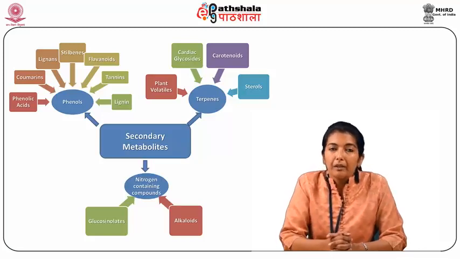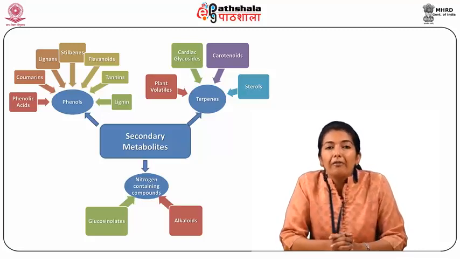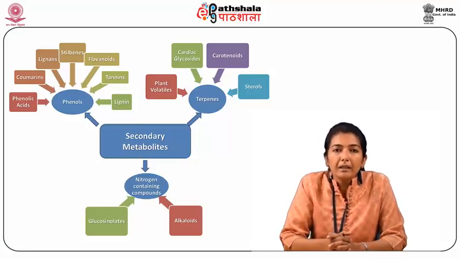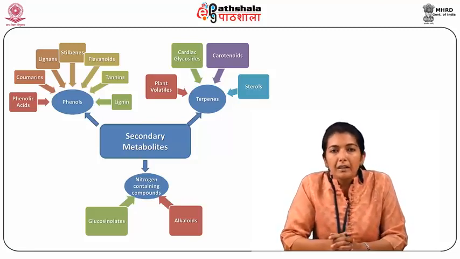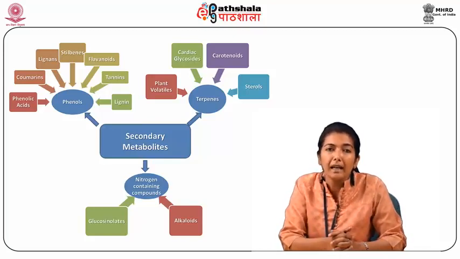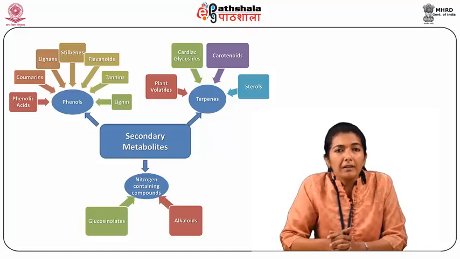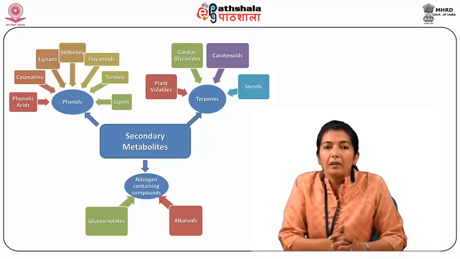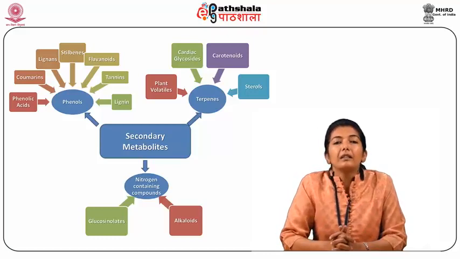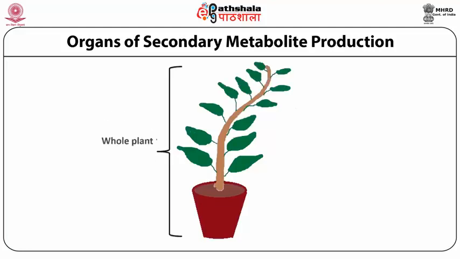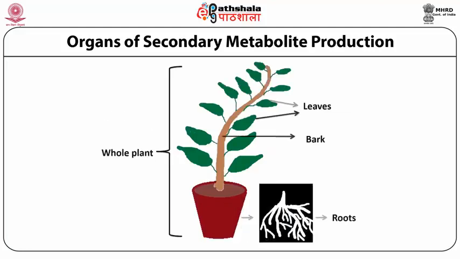For instance, in phenols, we have phenolic acids, coumarins, lignans, stilbenes, and tannins. Under terpenes, we have plant volatiles, cardiac glycosides, carotenoids and sterols. Then there are the nitrogen-containing compounds.